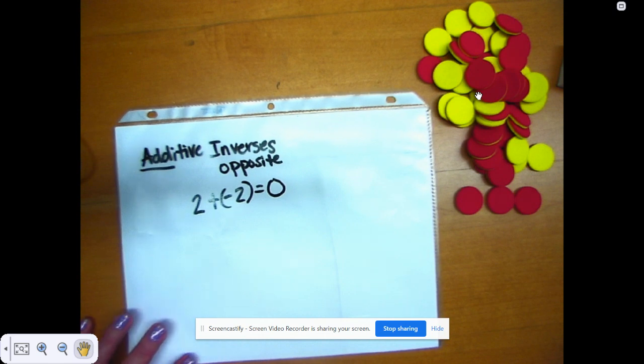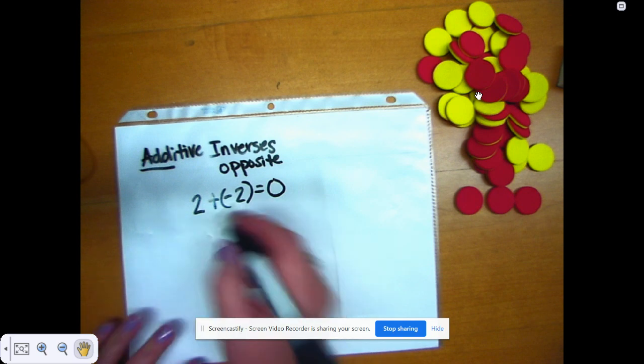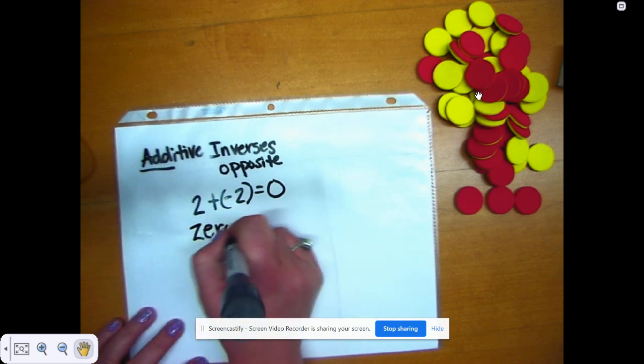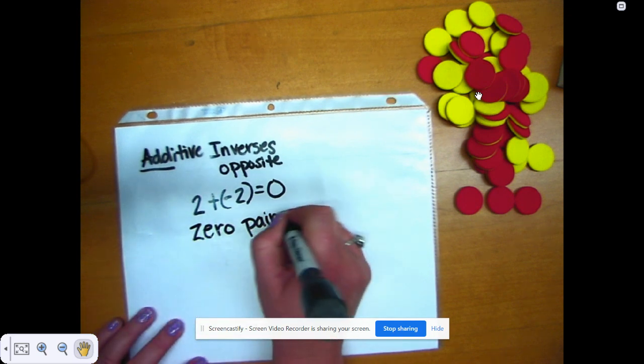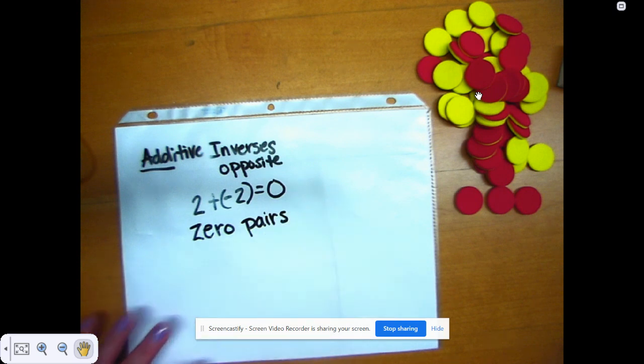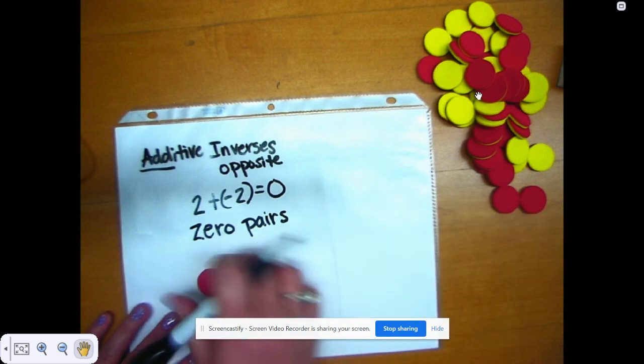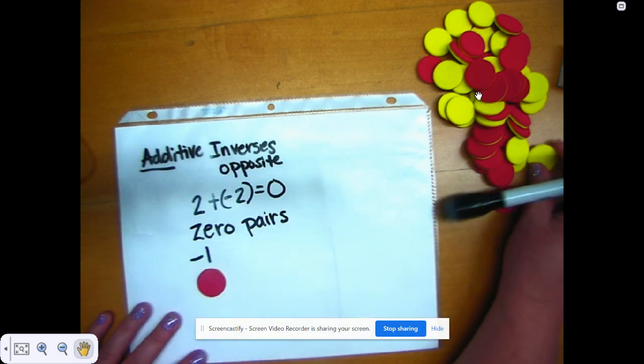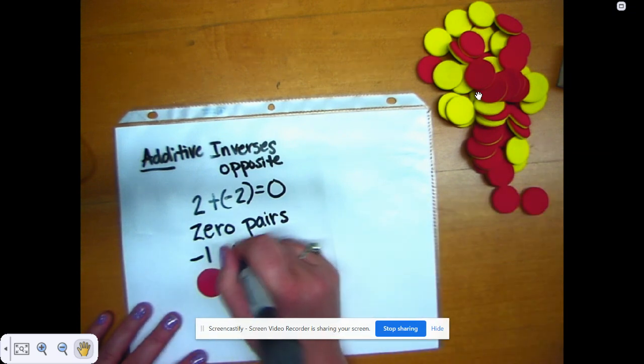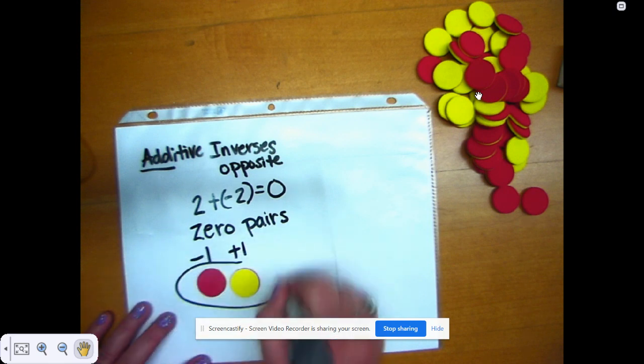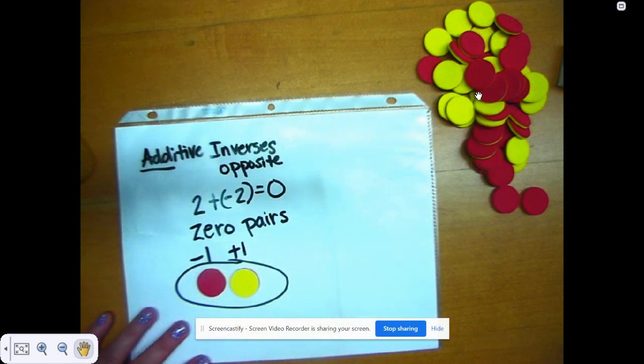Another way to refer to additive inverses is zero pairs. Zero pairs means that 2 chips equal 0. So for instance, if I have -1 and I have +1, then they equal 0. So really they're not there. This is very important to remember while we're subtracting integers.